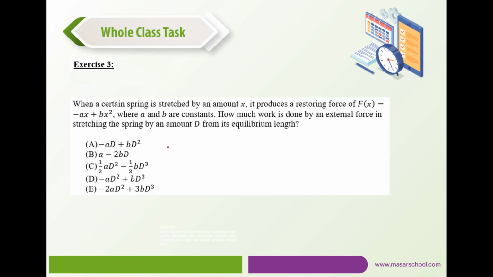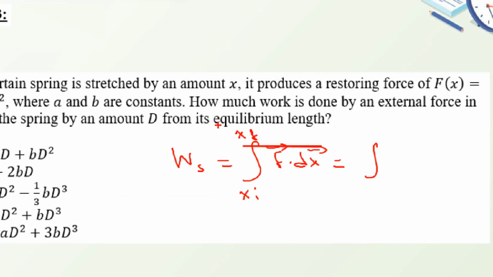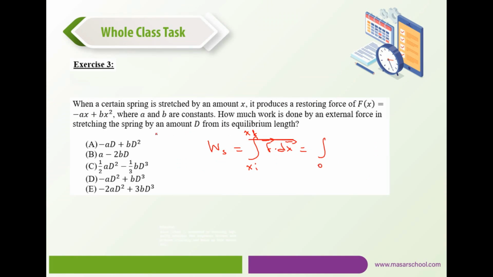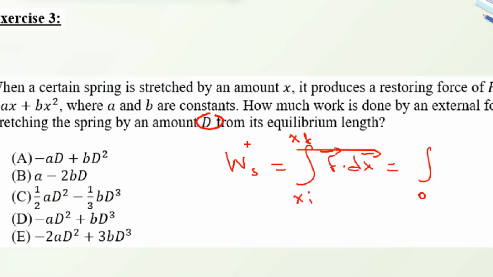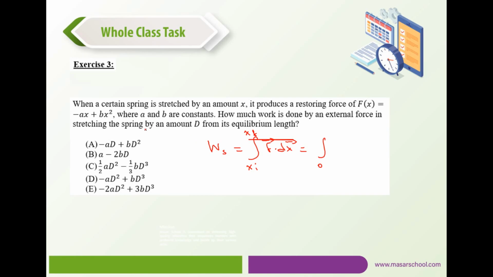Now the work done by the spring, because the force is variable, should be represented in the form of an integral: W of the spring is the integral from an initial position to a final position of F dot dx. The initial position is the equilibrium. The final position is d, either plus or minus. This depends on whether we're stretching or compressing.